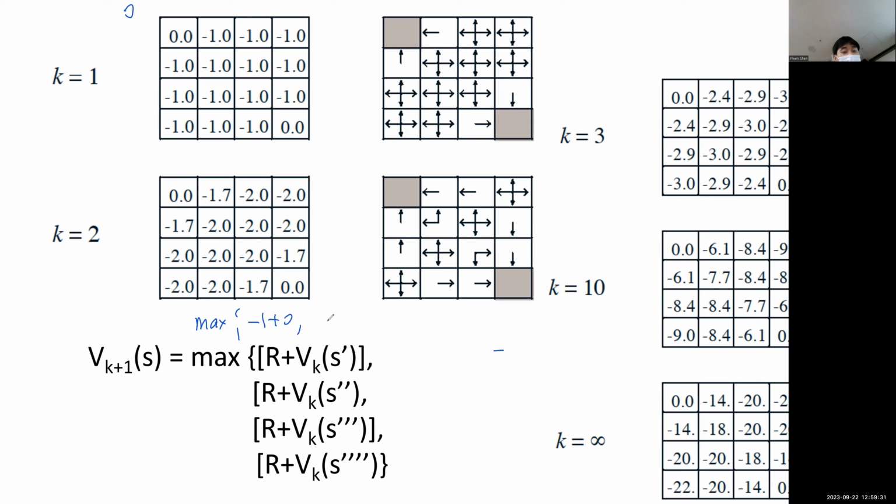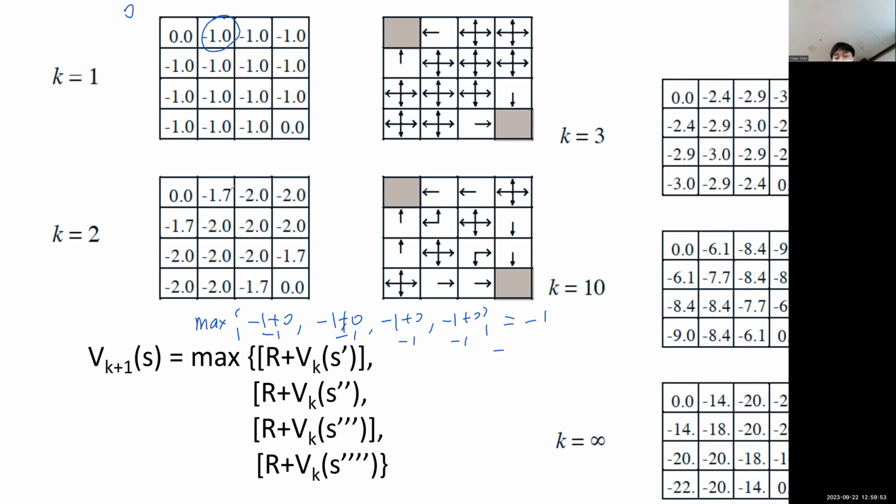Then this is the first item. The second item is the same, -1 plus 0, -1 plus 0. Among them, select the maximum. Actually, they are the same, right? All are -1, -1, -1, -1. So the maximum is just -1. So the first step is the same. All states are -1.